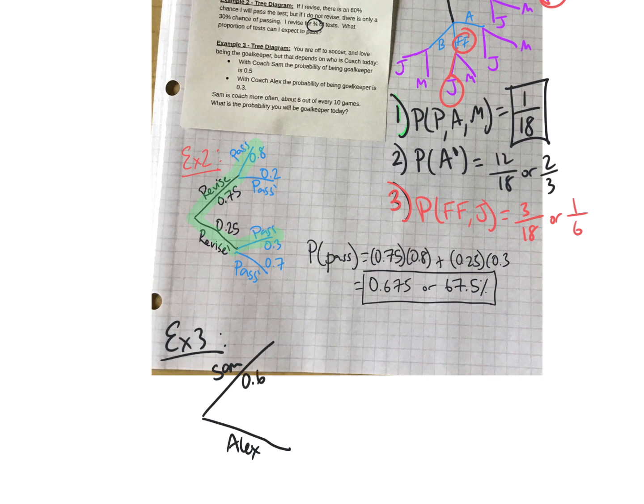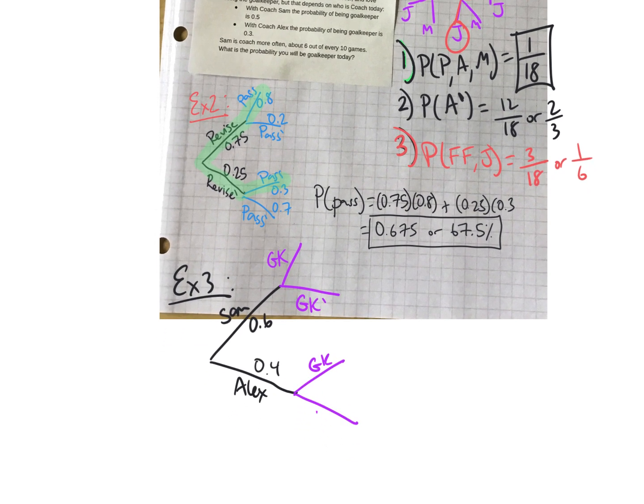That means Alex would be coach the other 40% of the time, 0.4. And then with each coach, there's a possibility that you are goalkeeper or not goalkeeper, goalkeeper apostrophe. So let's put 2 branches off of each coach.